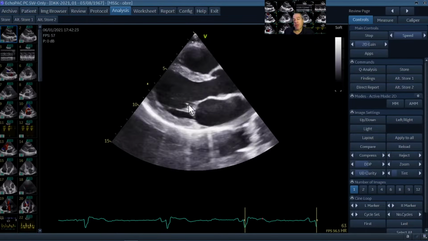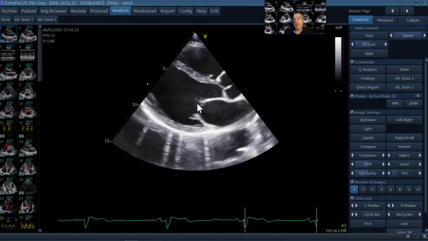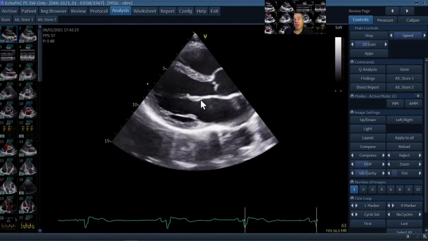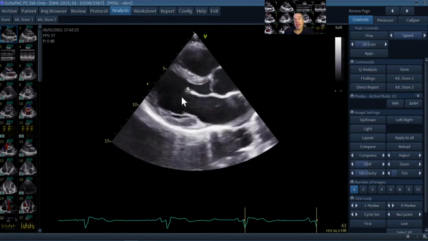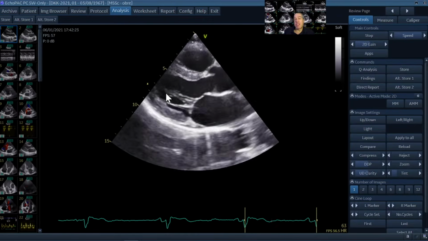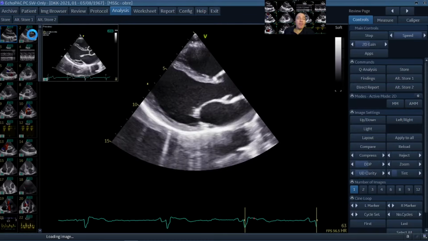The primary chordae attach more at the rim of the leaflet, and then there are chordae attaching more to the middle of the leaflet. And the chordae end here in a papillary muscle, which is hardly seen in this example. Now let's move on.